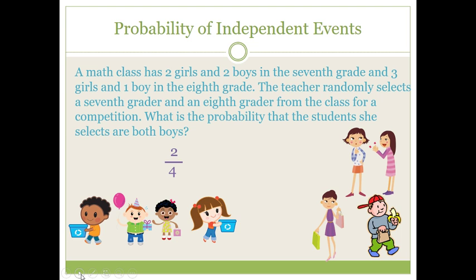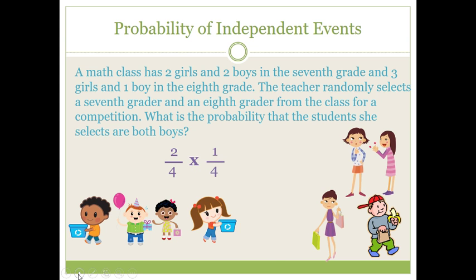So the chances that we draw a boy would be 2 out of 4 for the first group, where we have the 4 students here, and 2 of them are boys. Here's the 2 boys. And then we need to draw another student from this other class, and we can see here that there are 1, 2, 3 girls, but only 1 boy.